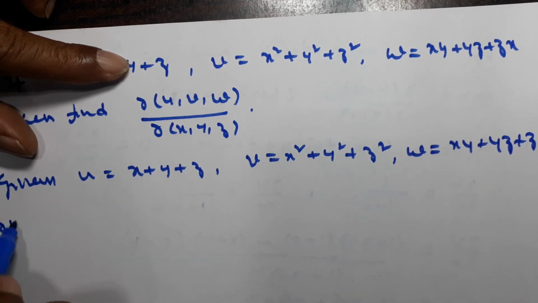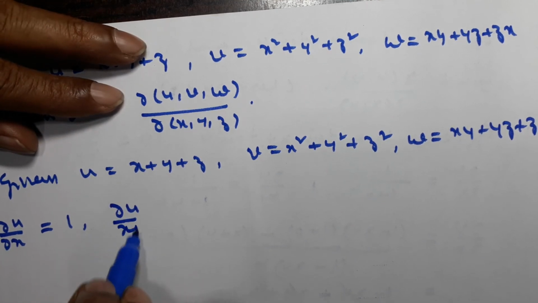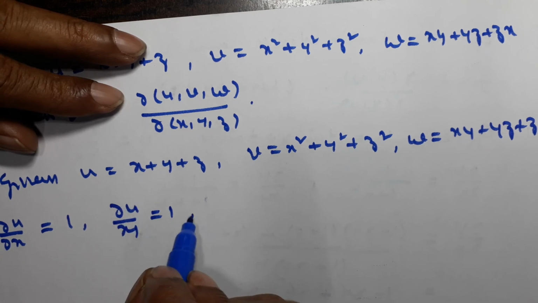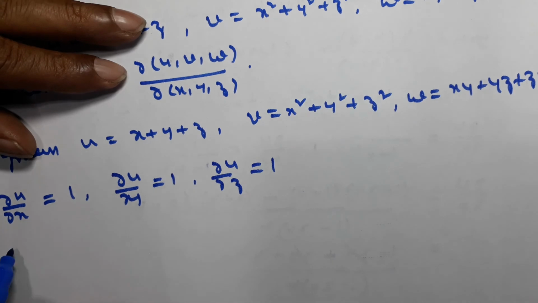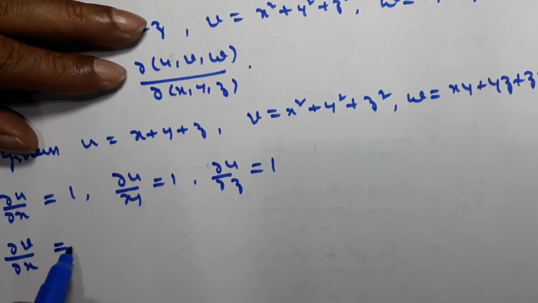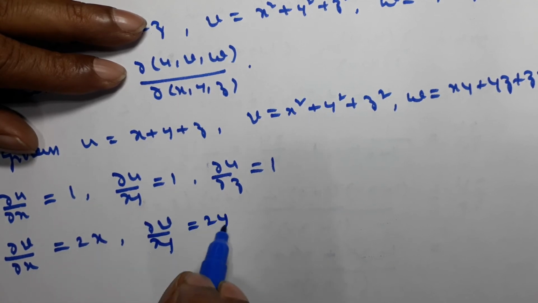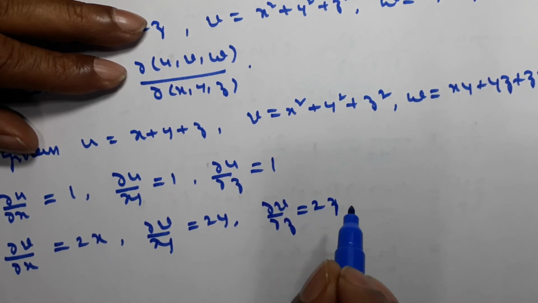So first of all, ∂u/∂x is 1. ∂u/∂y, differentiation of u with respect to y, is 1. ∂u/∂z also is equal to 1. Whereas v can be differentiated with respect to x: ∂v/∂x is equal to 2x. ∂v/∂y is equal to 2y. ∂v/∂z is equal to 2z.